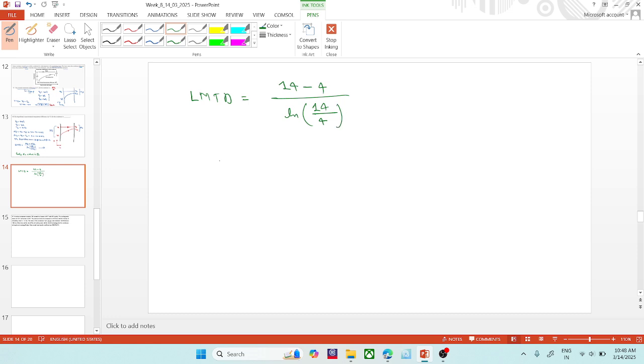When we solve this, the LMTD will come as 7.98 degrees centigrade. Okay, so the value is coming as 7.98 degrees centigrade.